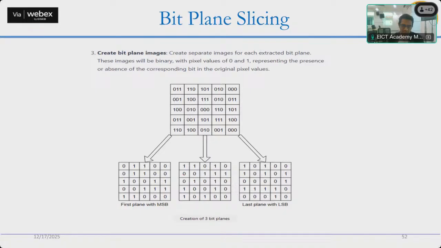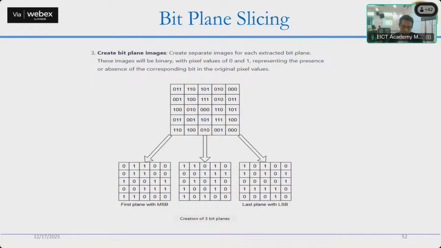Here you can see 1, it is also 1. Here it is 0, here it is 1. So we have created the first plane by taking the MSB from every pixel.